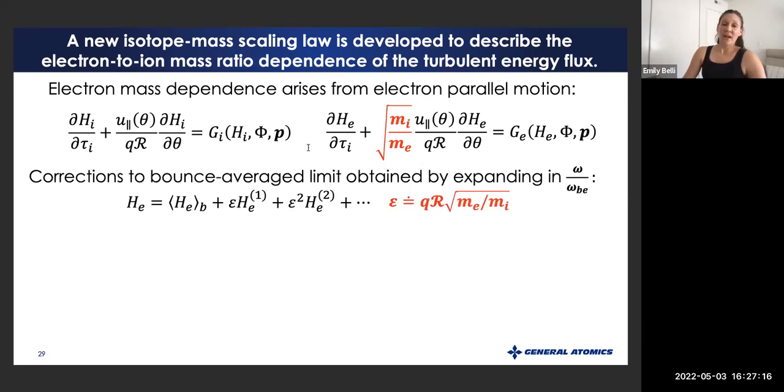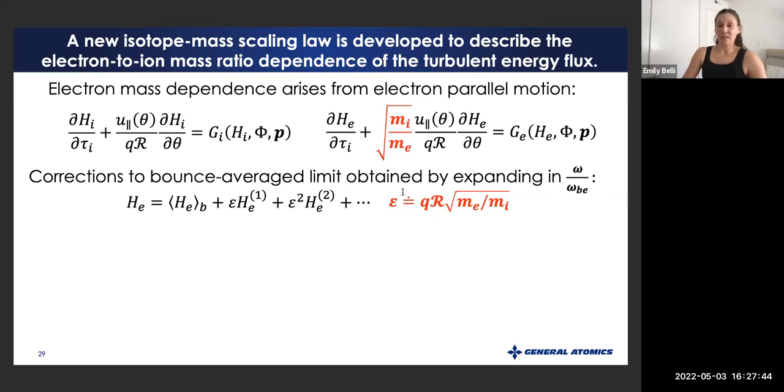In the zero electron mass limit, the solution of these equations is the balanced average distribution H_eB. The balanced average distribution is associated with trapped electrons only and is independent of the electron-to-ion mass ratio and gives rise to naive gyroBohm scaling of the flux. Corrections to this limit are obtained by expanding the non-adiabatic part of the electron distribution as an asymptotic series in omega over the electron bounce frequency omega_BE.